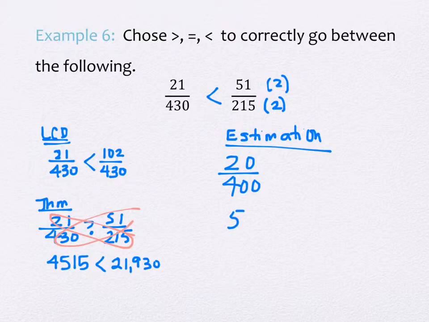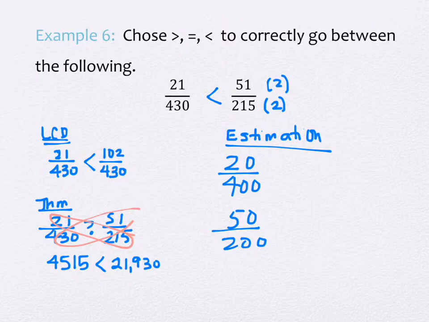And this is about 50 over 200. And even without estimating in quite this way, we kind of think about it like that when we look at the numbers. The first fraction has a smaller numerator, which would usually indicate a smaller fraction, and it has a bigger denominator, which also indicates a smaller fraction. If your denominator is bigger, the fraction's smaller because you're dividing by something quite large.